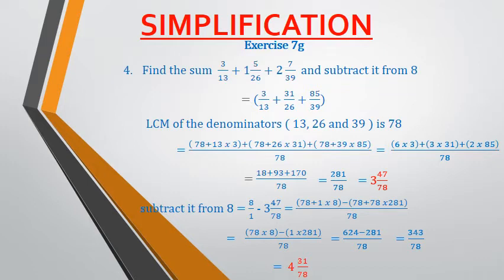And now when we add the numerators, what do we get? This is equal to 281 by 78. Now children, as we know, this is an improper fraction.